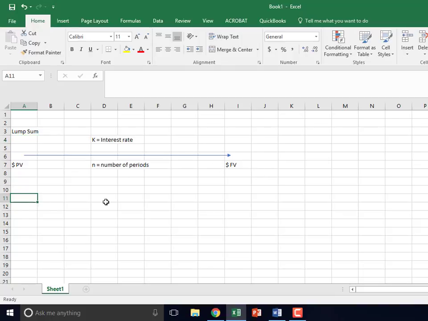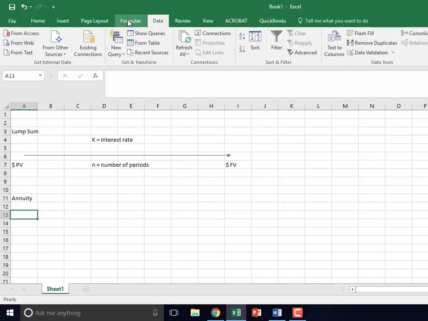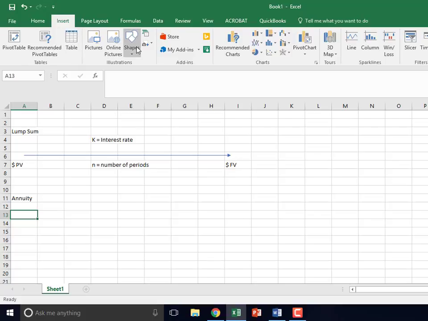I also have an annuity problem. And what is an annuity problem? Well, instead of having one present value, I have this same picture up here, except I'm going to put additional deposits in the bank. So instead of just putting one deposit in the bank at the beginning, I'm going to continually add additional amounts. So let me draw that.